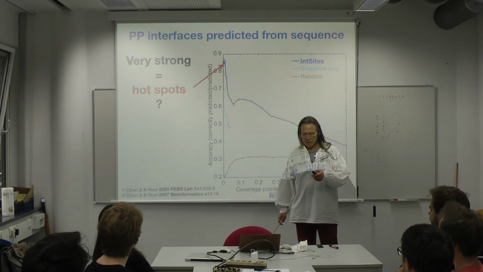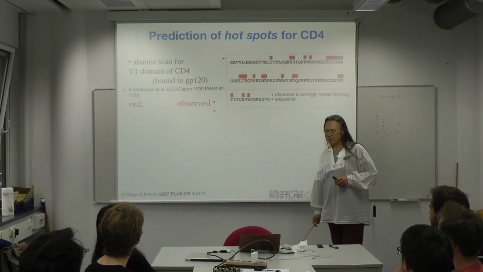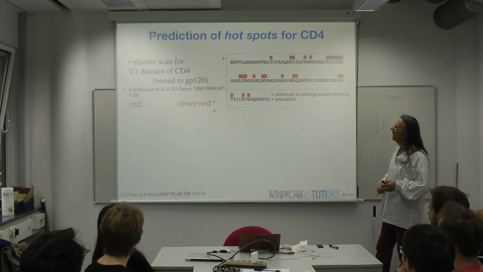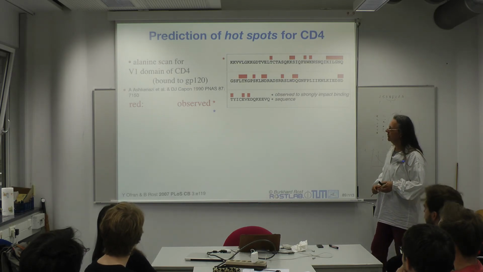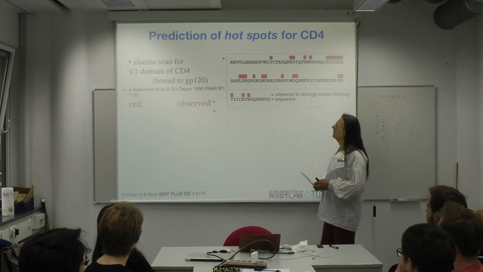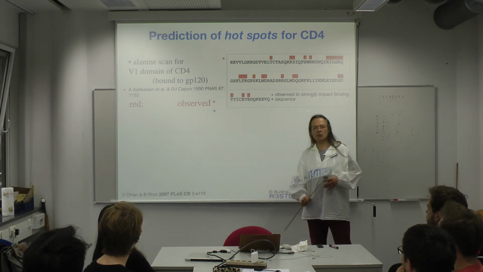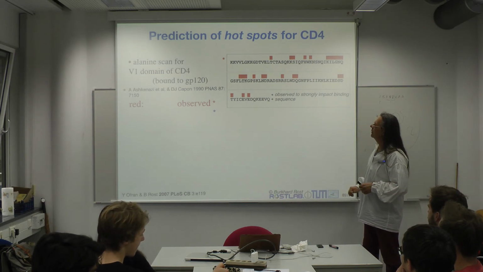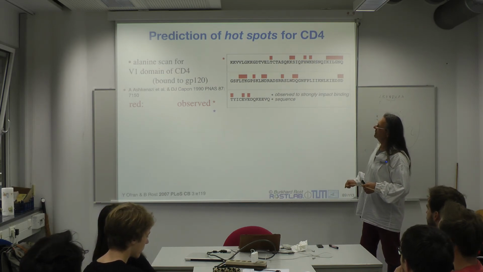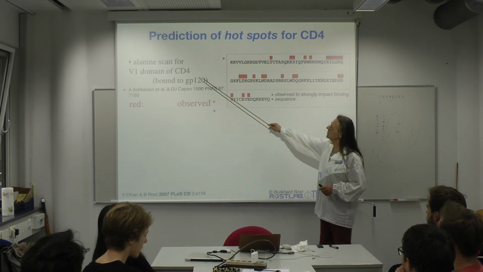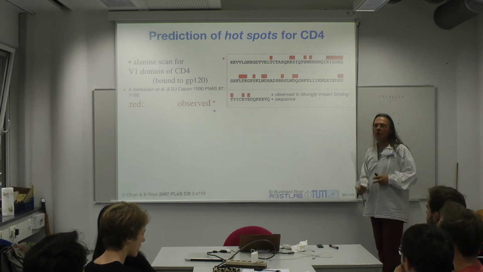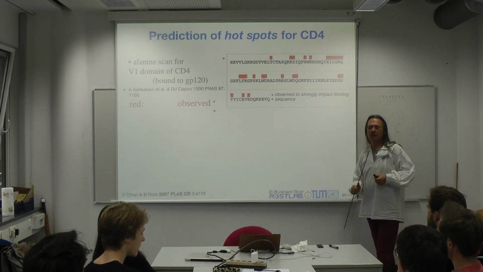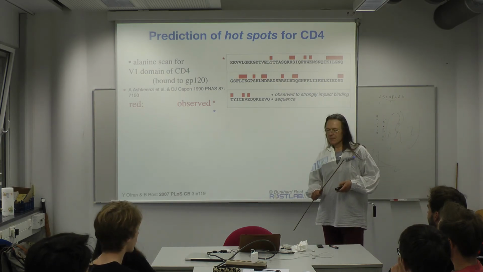In this particular case, the lab next to us, still work from our Columbia time, the lab of Wayne Hendrickson, is the same that did the structure that I showed you before for the HIV glycoprotein. And for this HIV glycoprotein binding to CD4, they showed that the red ones here are the strongest. They are the hotspots experimentally, okay?